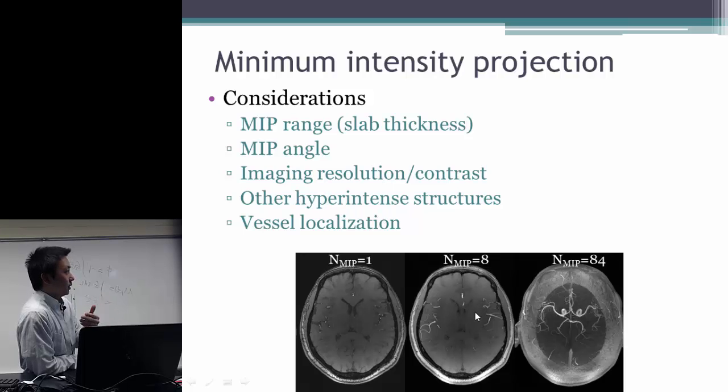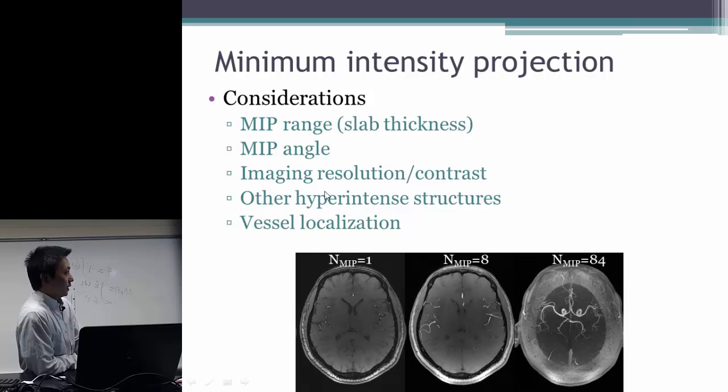We can also create a MIP image for different viewing angles, and then put them together to form a small movie, showing the whole vessel network rotating.